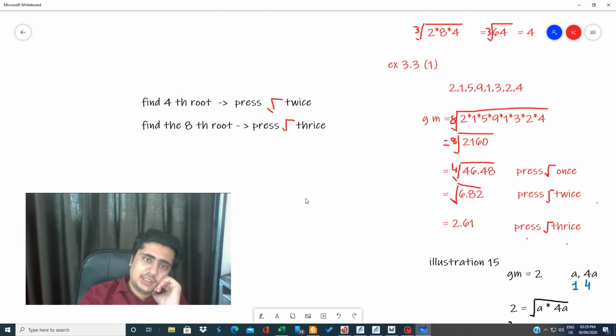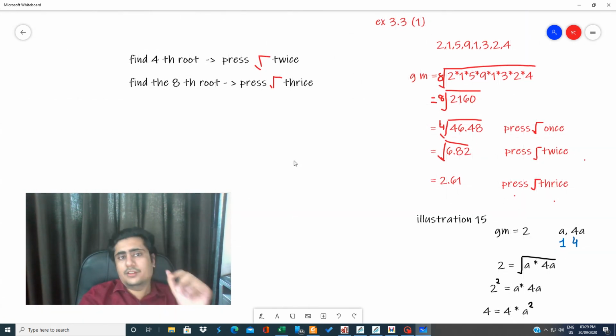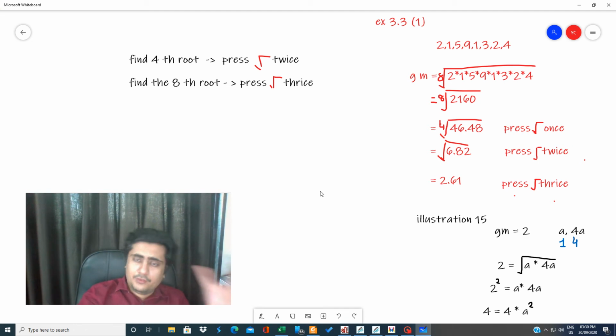This way you can find the fourth and eighth roots. For the rest of the roots, for example the fifth root, that is not in your syllabus. If you want to find the fifth, sixth, seventh or any root, you can use logarithms and anti-logarithms, but that is not in your 11th standard syllabus, so no worries.